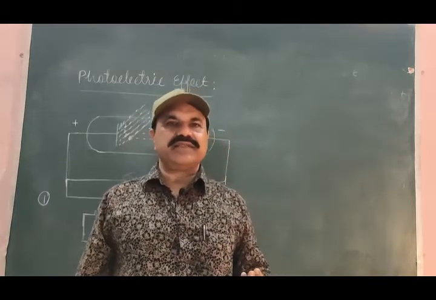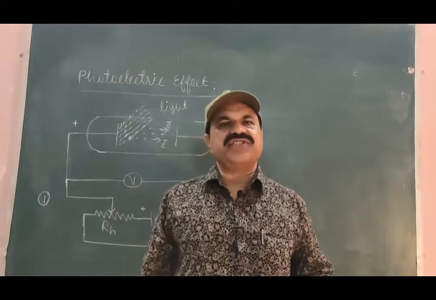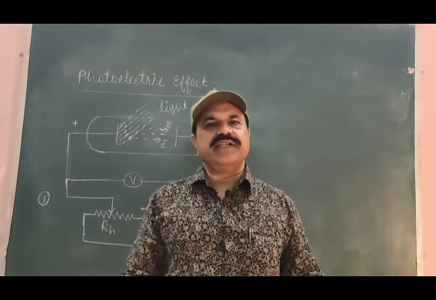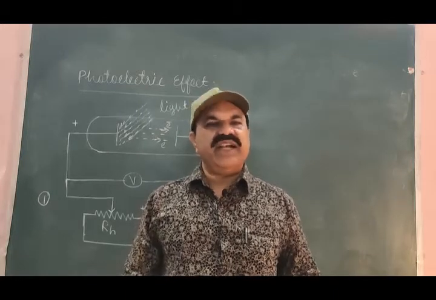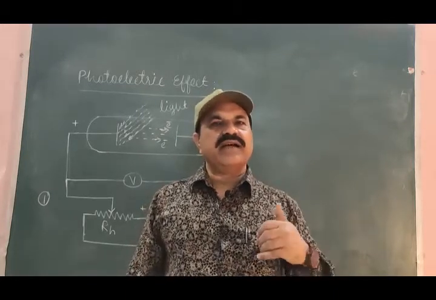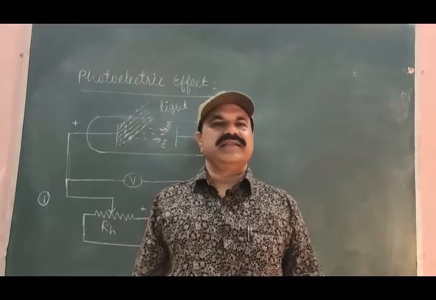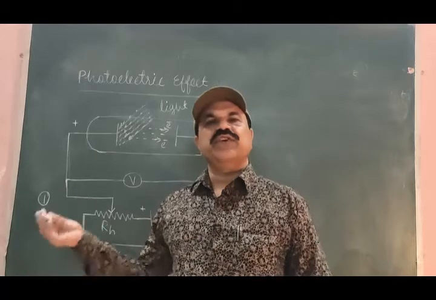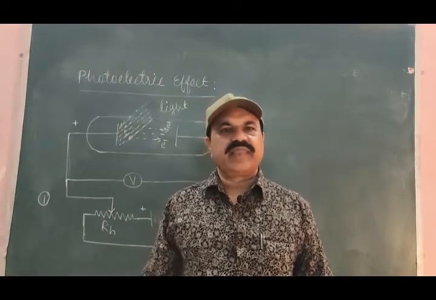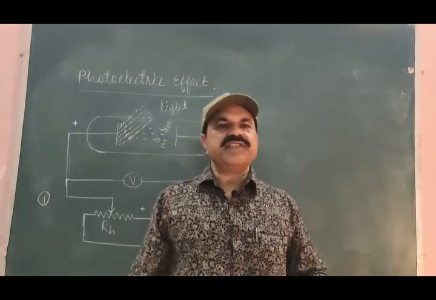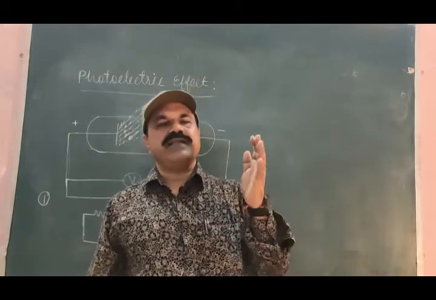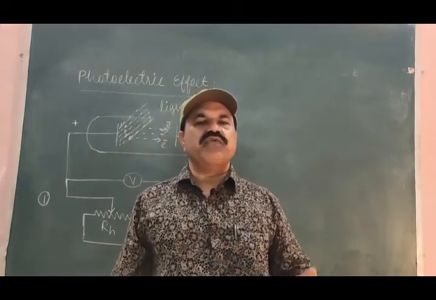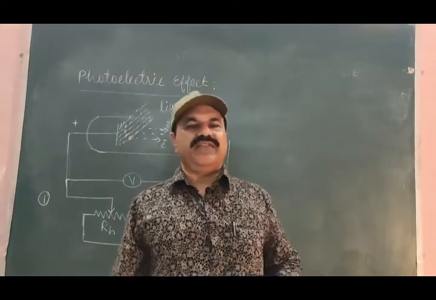Ultraviolet light is of high frequency light energy. It is needed in case of metals other than alkali metals. If we make use of alkali metals in the photocell, any frequency from the visible spectrum of the light can be used for photoelectric effect.